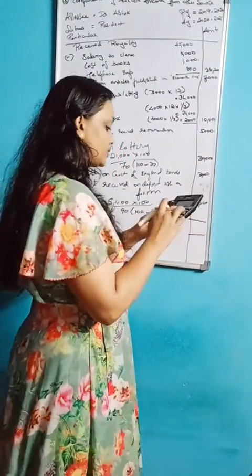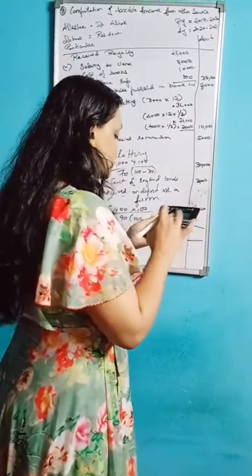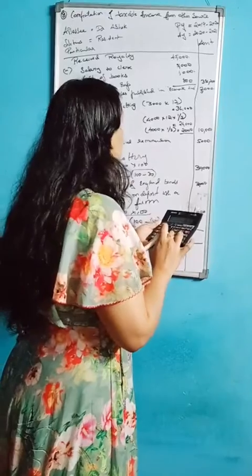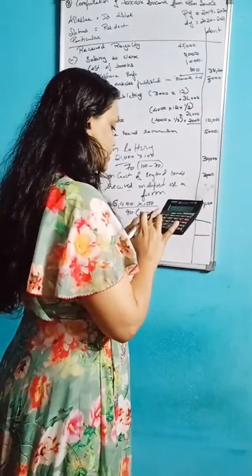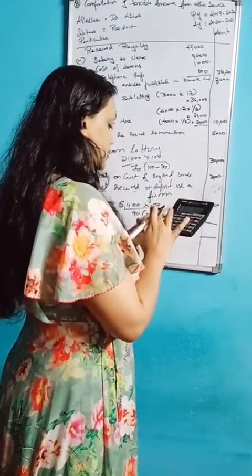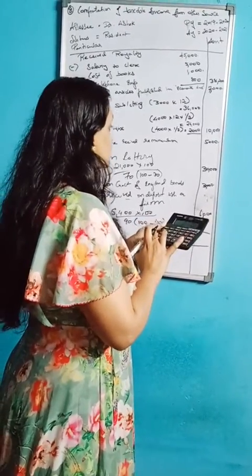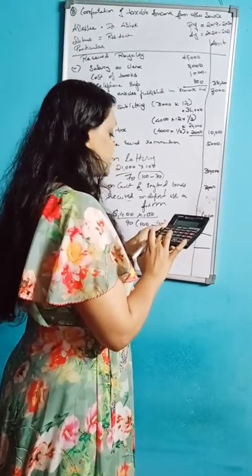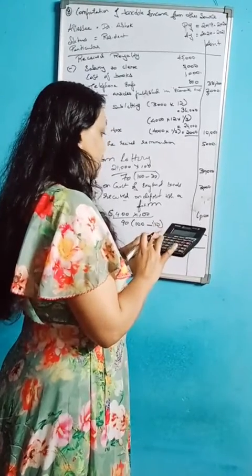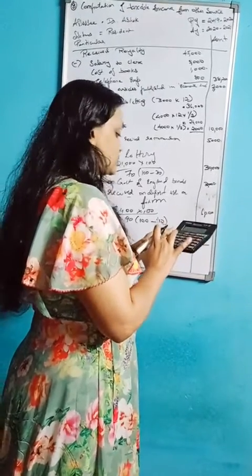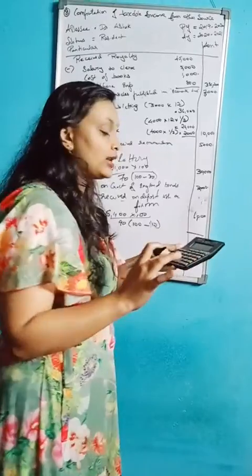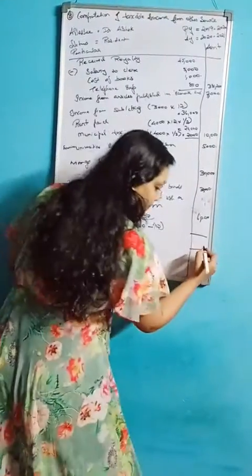And let's total it. How much will we get? So 38,200 plus 7,000 plus 10,000 plus 5,000 plus 30,000 plus 3,000 plus 6,000, you will get 99,200.